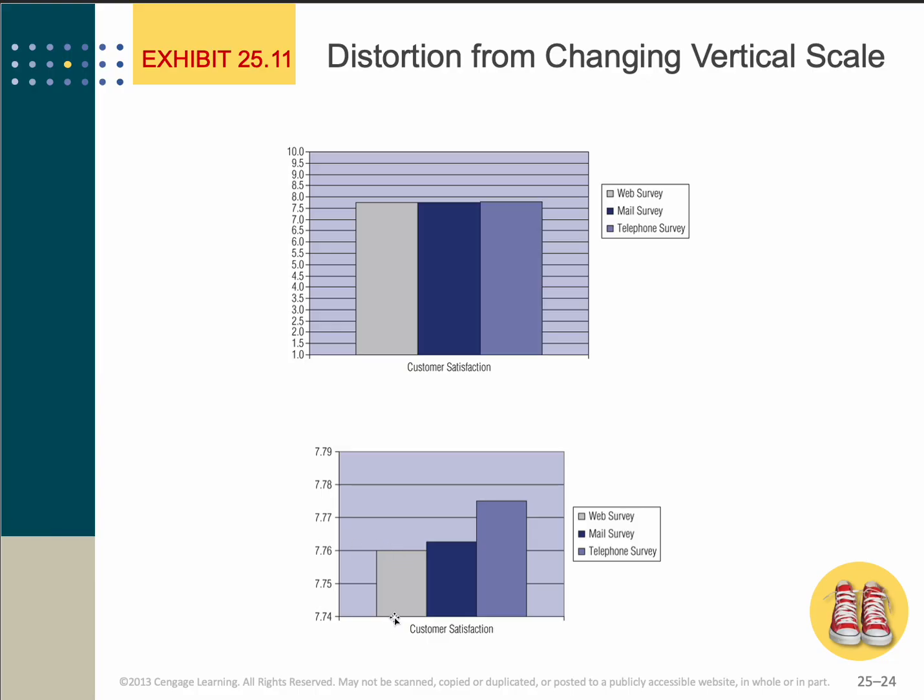Notice this one starts at 7.74. This one starts at 1. So that's why you've got less variability. This magnifies it. Do you want to be careful about that? This might be accurate, but is it as accurate as it seems given the amount of space you have? Because it's a pretty narrow slice. So you only have half a point between this number and this number.